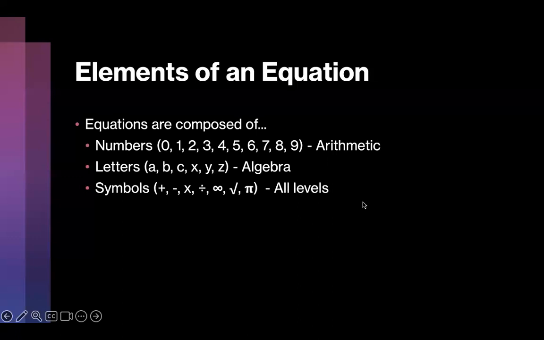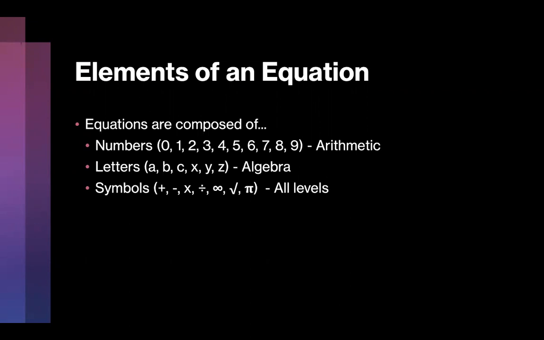And then there are symbols. But understand that the symbols either represent operations to be performed, or they also represent numbers. Does that make sense? So pretty much everything in mathematics, when you're dealing with letters, symbols, and numbers, the letters are going to represent other numbers.